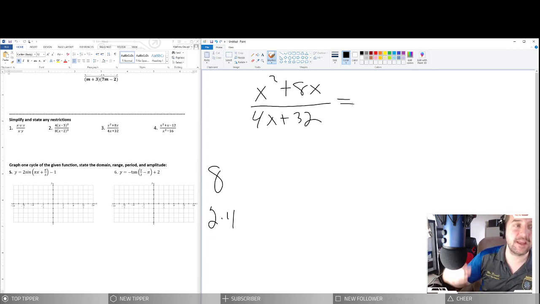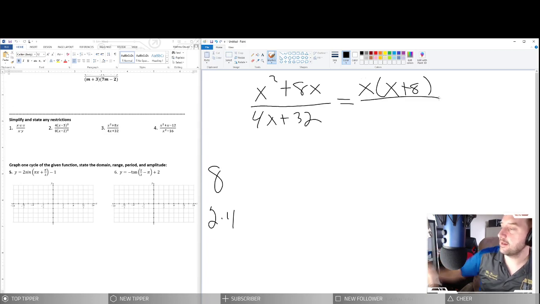We have to express it as multiplication to see, are there similar things in the numerator and the denominator that are going to reduce? So in this instance, on the top here, there is an x that I can factor out. So I get x plus 8. And on the bottom, between 4x and 32, there is a 4 in common.